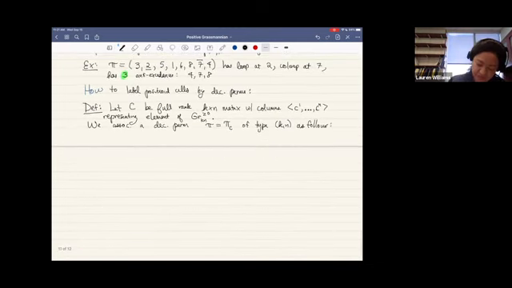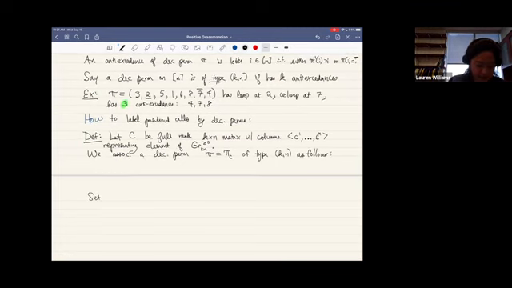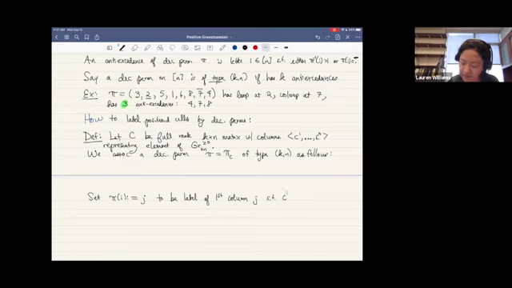Let's set pi of i to be the number j which is the label of the first column j I see, such that column i is in the span of columns i+1, i+2, up through j.